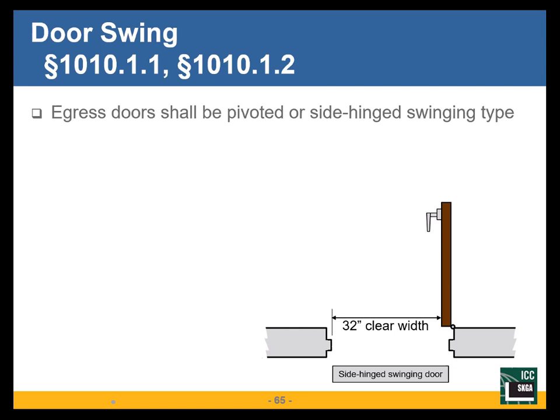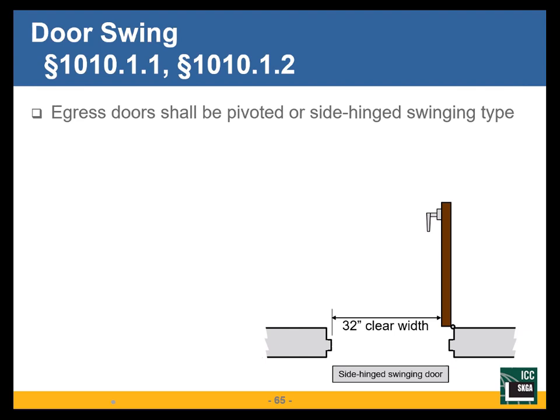Typically, I'm going to do this with a 36-inch wide door, and I end up with a 32, or 32 and a half, or 33-inch clear width. That's why, when we're looking at the amount of inches each exit provided, I had 32 inches for a single door, even though it's a 36-inch door.